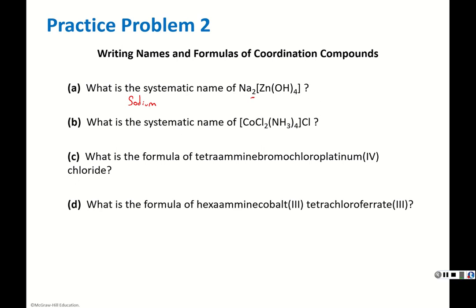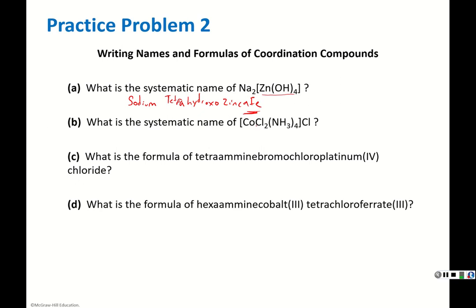So we have sodium, and we have 4 hydroxides, so that would be tetrahydroxo, zinc. Remember, when the complex ion is an anion, we add an -ate at the end of the metal. So tetrahydroxozincate.